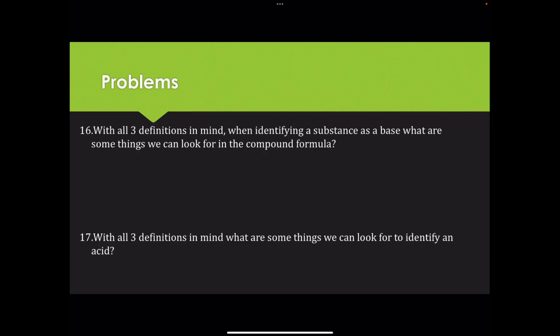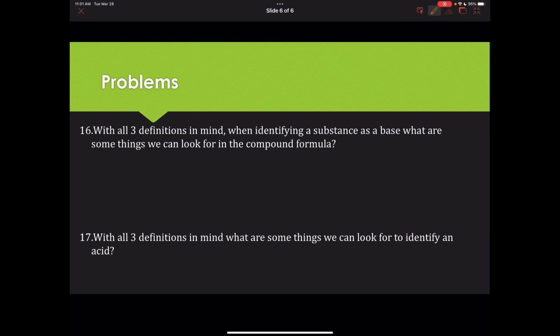So we've got three definitions, and when we're defining acids and bases, we've got to keep all three definitions in mind. So with problem 16, with all three definitions in mind, when identifying a substance as a base, what are some things we can look for? Remember our Arrhenius definition, we produced hydroxide in solution. So typically, we can produce hydroxide in solution if we have hydroxide anions, so we can look for hydroxide in our formula.